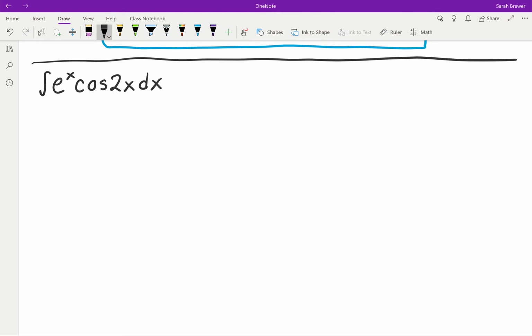No matter how many times I differentiate or integrate e to the x, it's going to be e to the x. No matter how many times I differentiate or integrate cosine 2x, it's going to be sine or cosine of 2x up to a constant multiple.